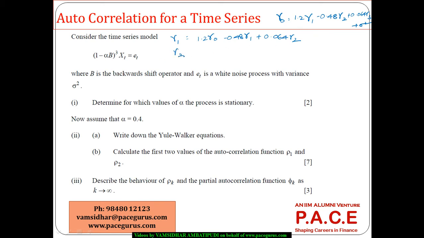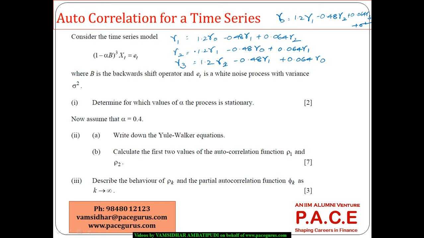Now the gamma 2 is coming out as 1.2 gamma 1 minus 0.48 gamma 0 plus 0.064 gamma 1. And finally gamma 3 is coming out as 1.2 times gamma 2 minus 0.48 gamma 1 plus 0.064 gamma 0. So this is what is finally coming out.